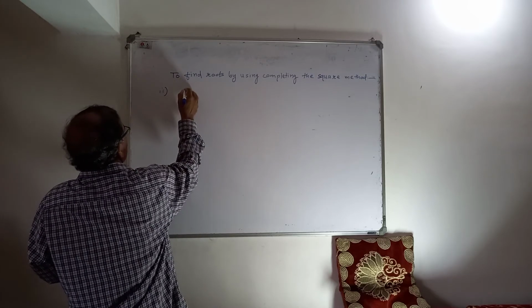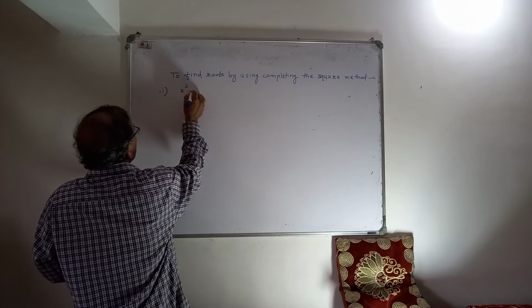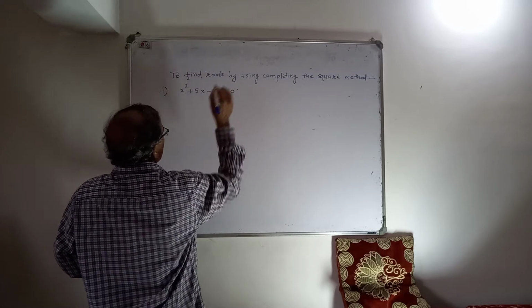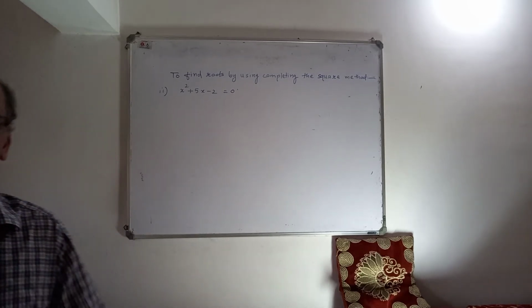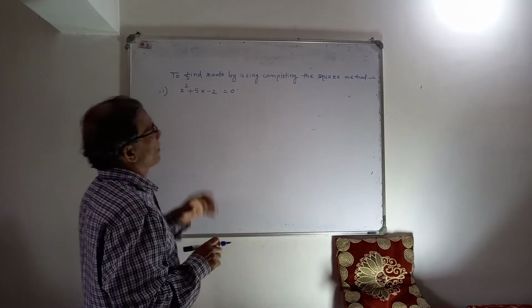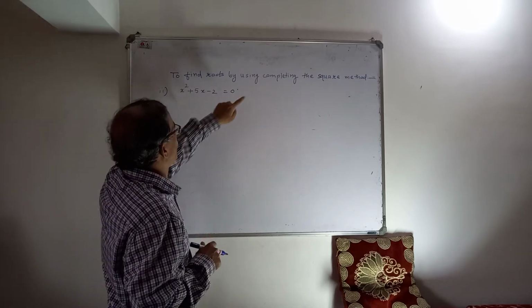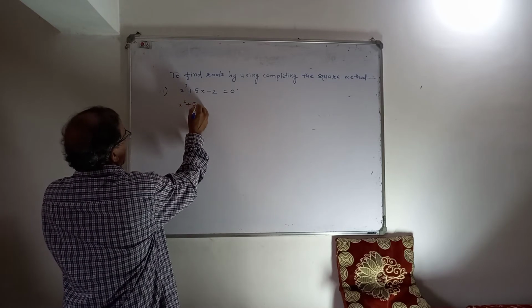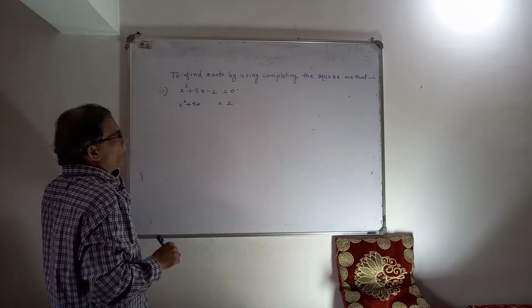Again, x square plus 5x minus 2 is equal to 0. So, by the same method, using completing the square method. So, in first step, what we have to do? Transfer c to right hand side. So, x square plus 5x should be equal to 0 plus 2 is 2.